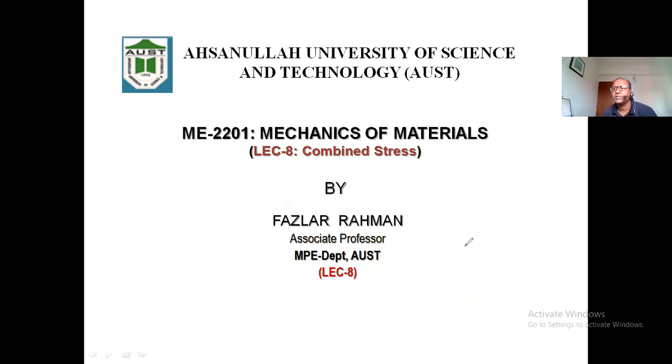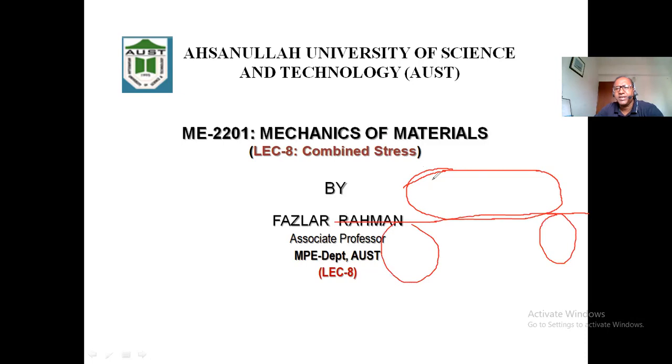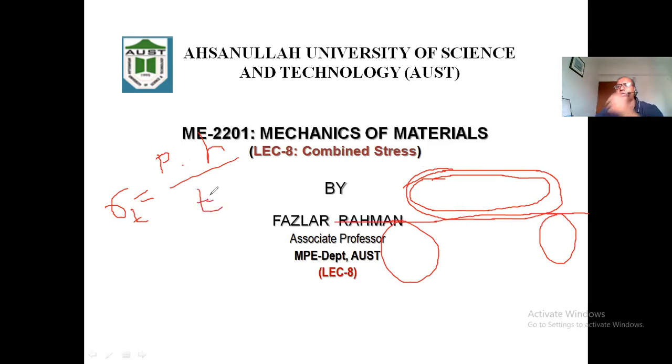Okay, so we need to consider the resultant effect of the stress. For example, you are carrying oxygen gas in a cylinder, that means a pressure vessel, in a bigger truck, right? So what kind of stress is in the wall of the pressure vessel? Sigma T is the critical one, right? Sigma T equals P times R divided by T. Now, due to the road condition, we have four wheels of the truck, right?